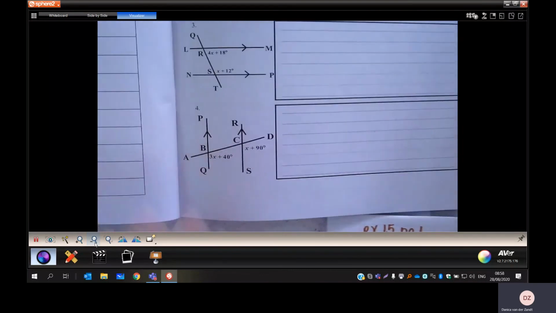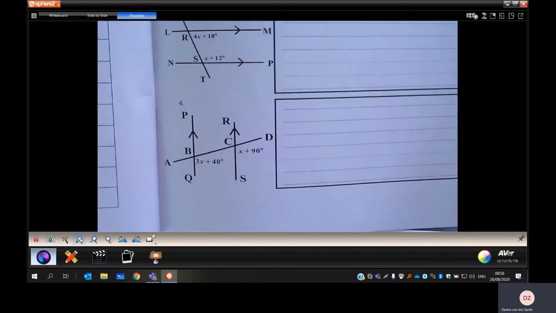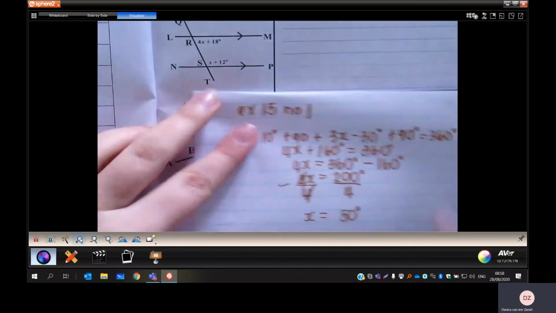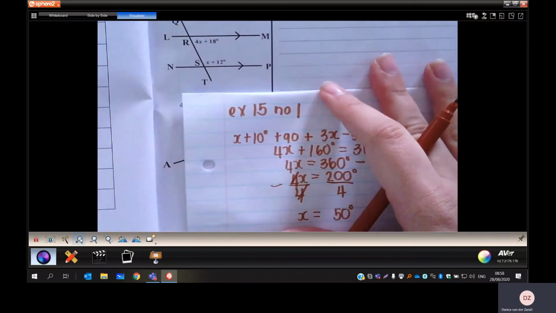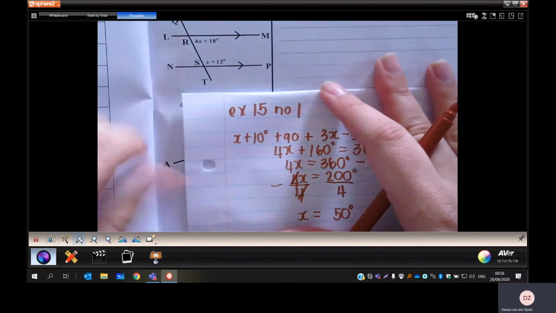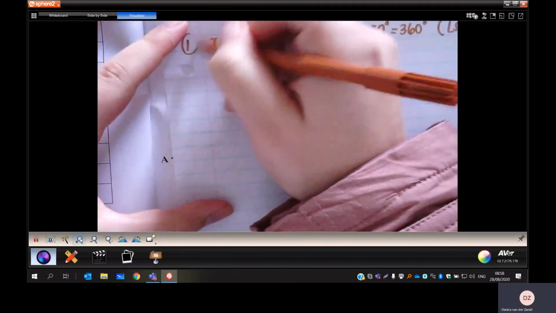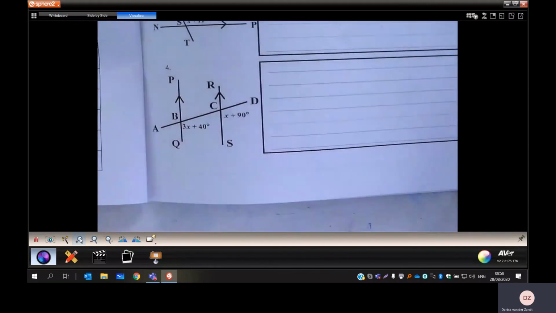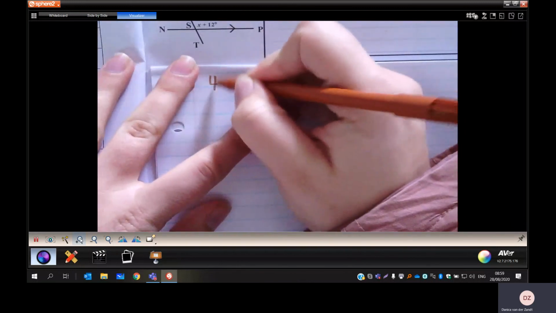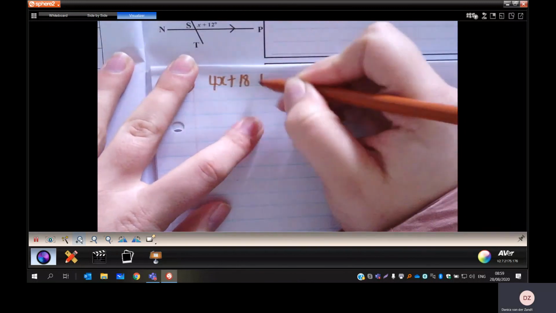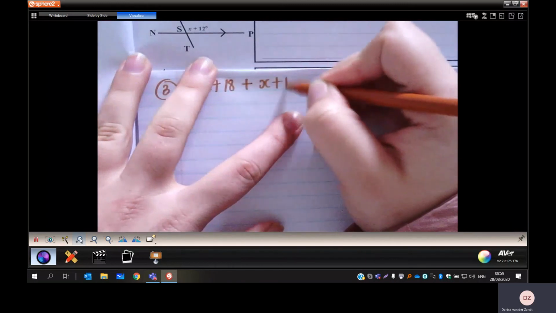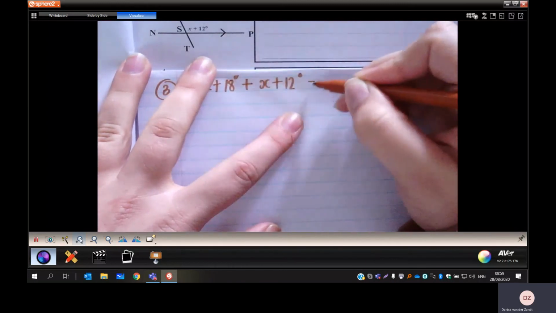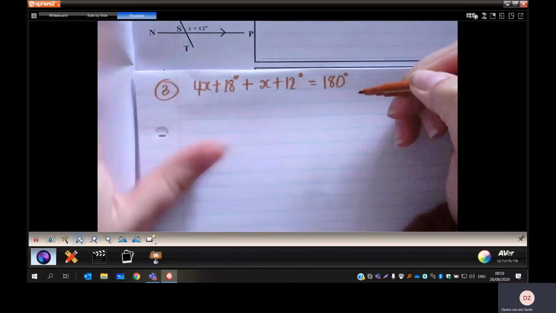Number 3. We already decided number 3, which reason would we use? We said co-interior. So what do we do with co-interior? We say angle plus angle equals 180. So my angle is 4x plus 18 plus my second angle is x plus 12, and we say that that is 180 degrees.